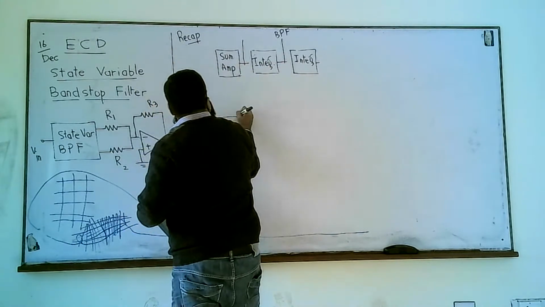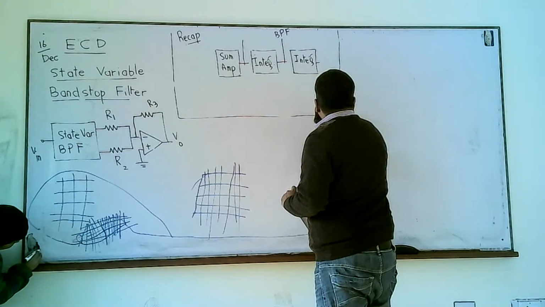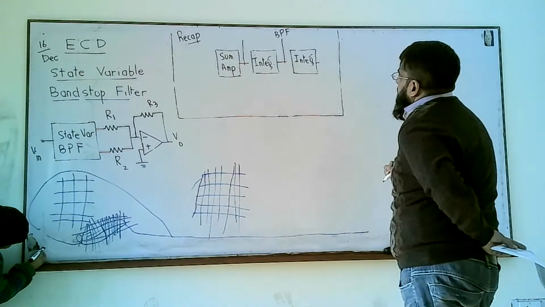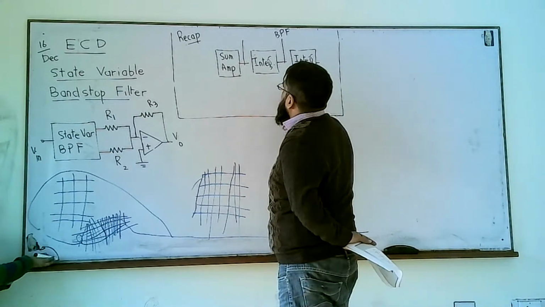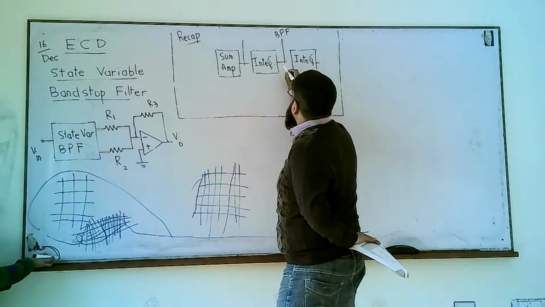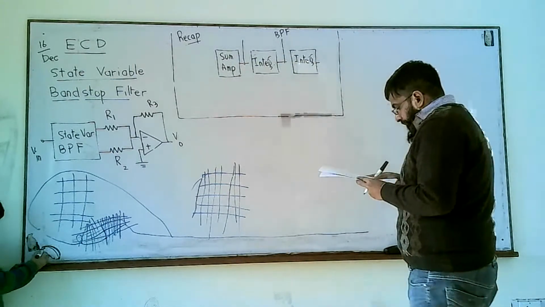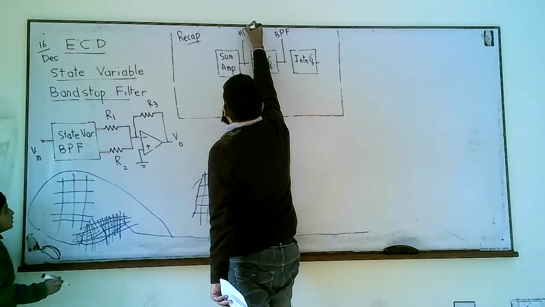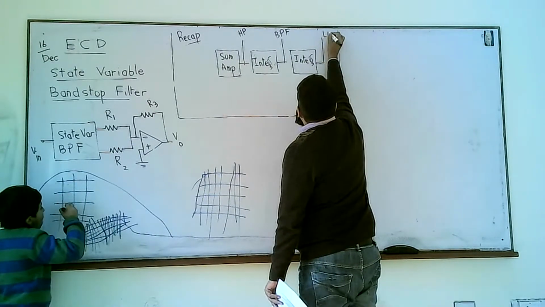This state variable type filter has 3 stages, and the output of the first integrator, the second stage, is the band pass filter, whereas this output is a high pass filter and this output is a low pass filter.